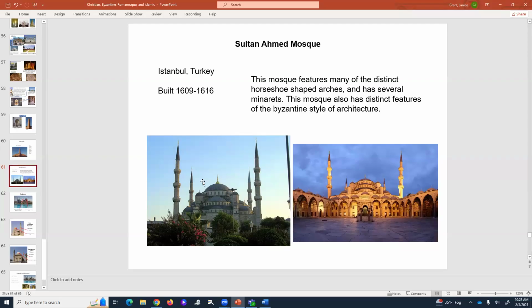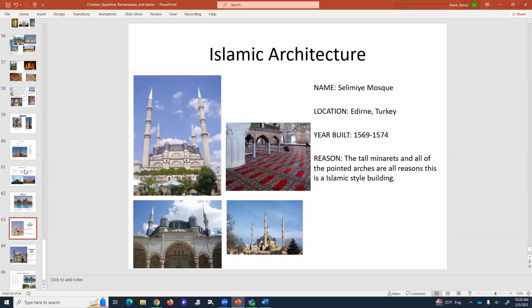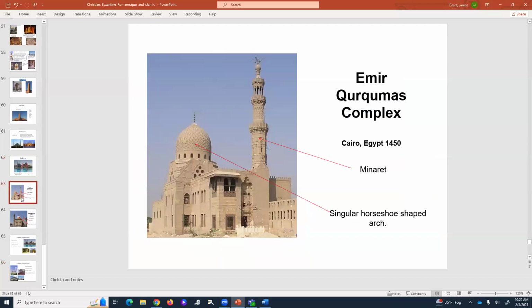You can see that these tall minaret towers are one of the important styles of Islamic architecture. The horseshoe shape, there it is. Arch. You see how it's not really a pure dome or pure arch, it kind of curves and then it points.